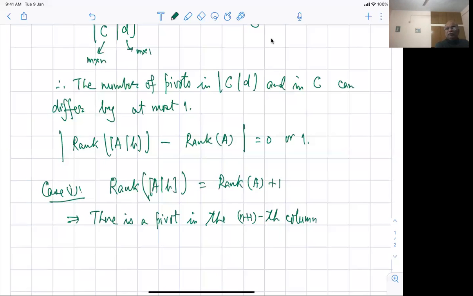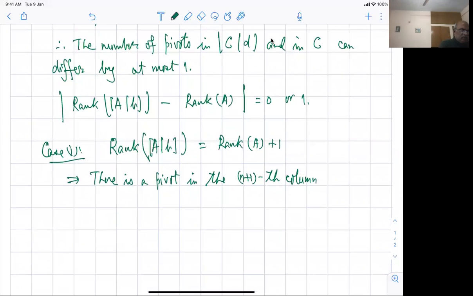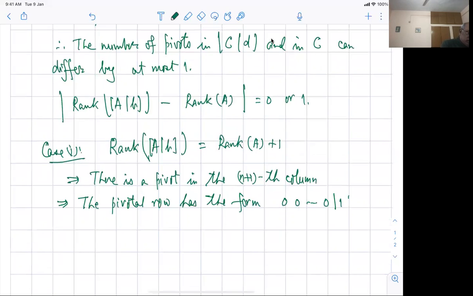The number of pivots we do not know, but we know there is a pivot in the n plus 1th column because the rank increases by 1. So this implies the pivotal row has the form 0, 0, ..., 0, 1.